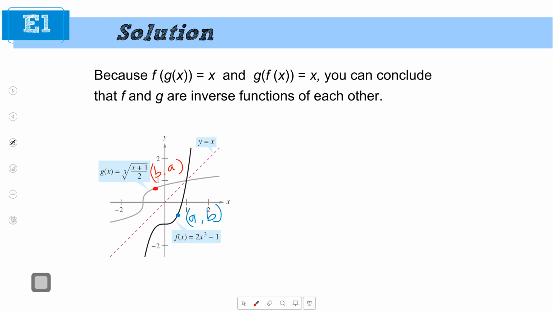The x value and the y value switch spots when you reflect over that line. So (a, b) is on the function, (b, a) is on the inverse. (1, 2) is on the function, (2, 1) is on the inverse. And we'll use that later. None of that is new yet, right? Good. I was hoping that was the case.